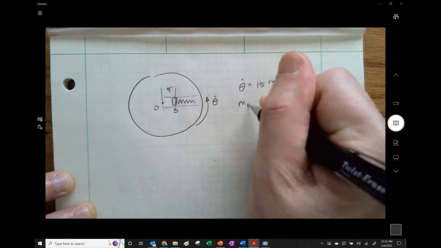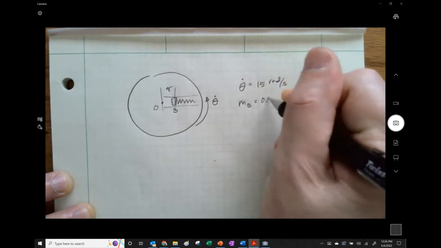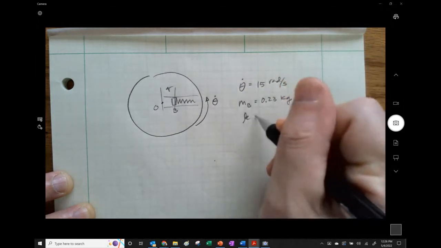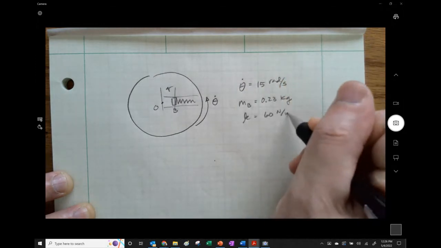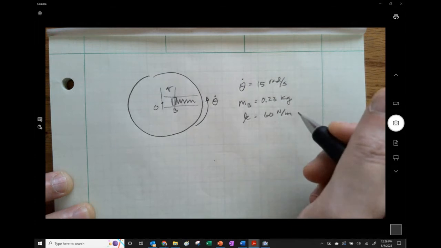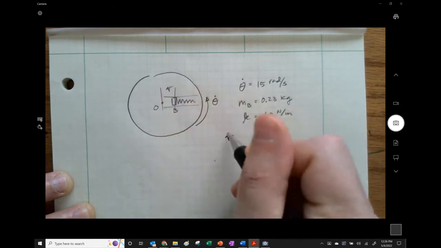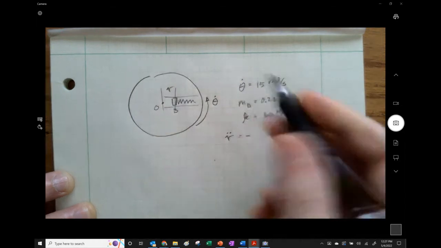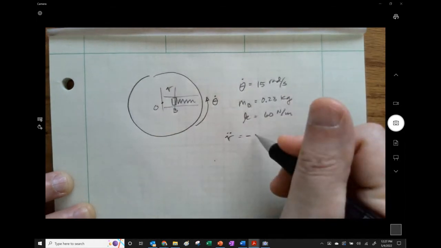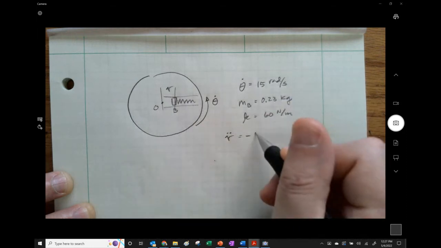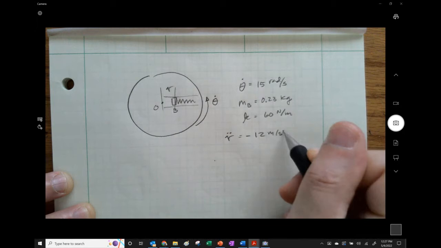So the mass of B, I'll call it 0.23 kilograms, and k is 60 newtons per meter. It's undeformed when the radius is zero. And we note that r double dot is going to be negative, so it is going towards the center, 12 meters per second squared.